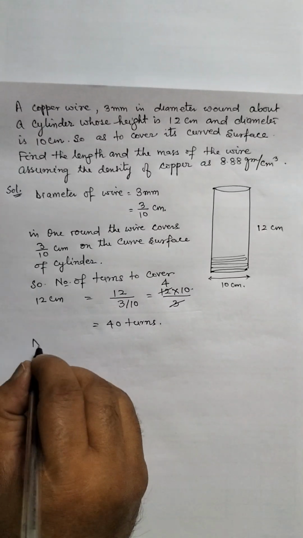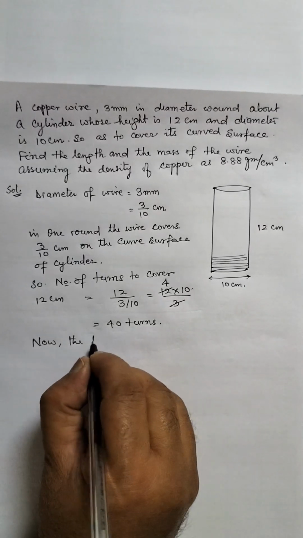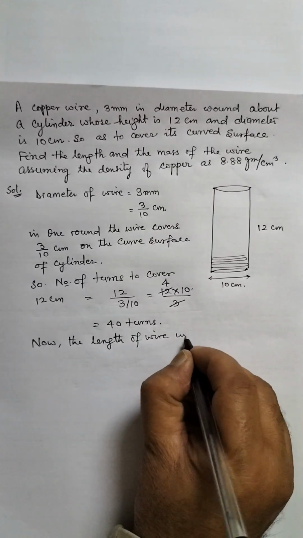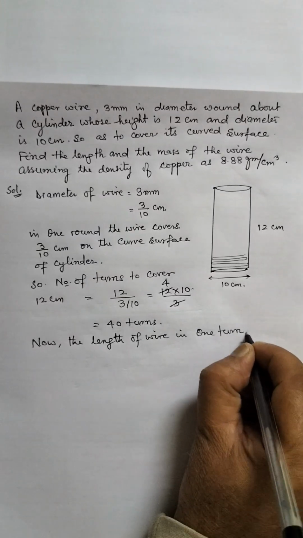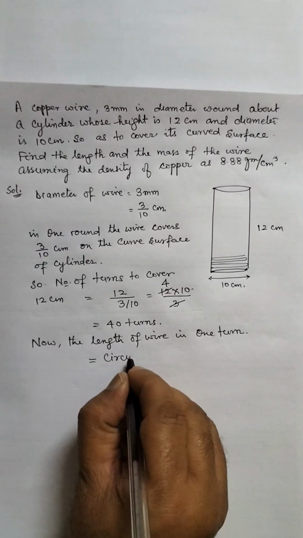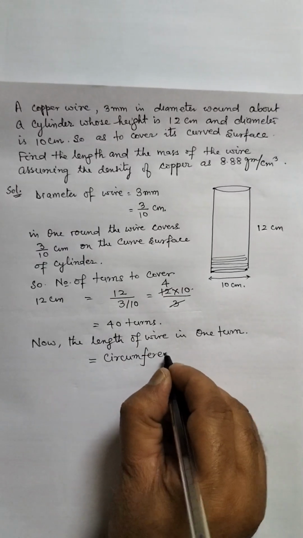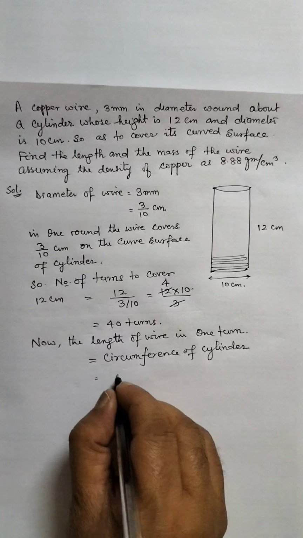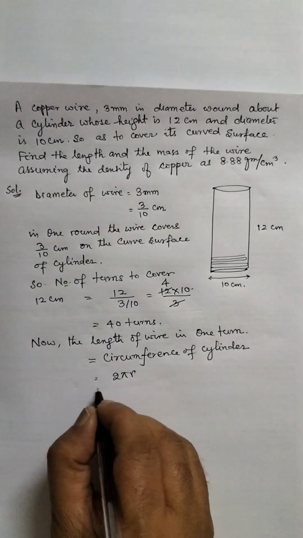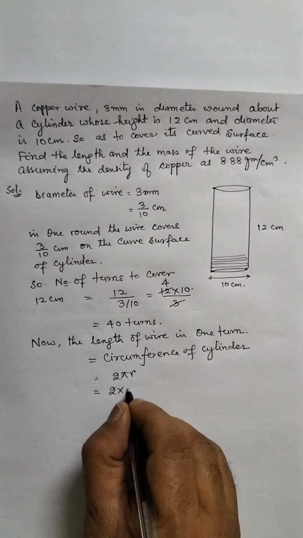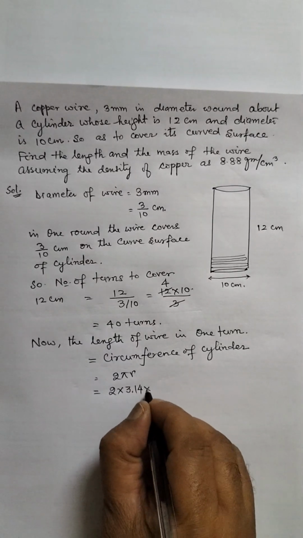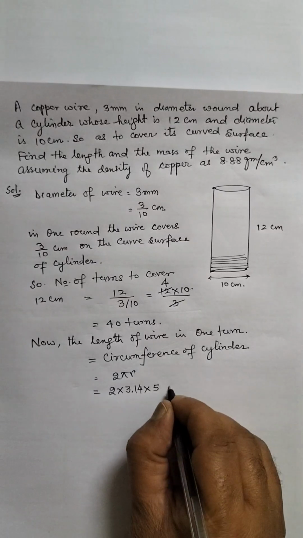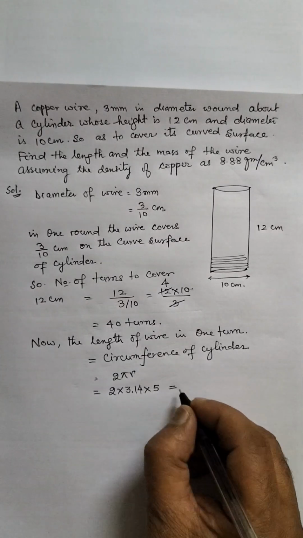Now the length of wire in one turn is nothing but the circumference of cylinder, that is 2πr, or 2 into, let me take π as 3.14, and the radius of the cylinder is 5 centimeter, and this will give this many centimeters.